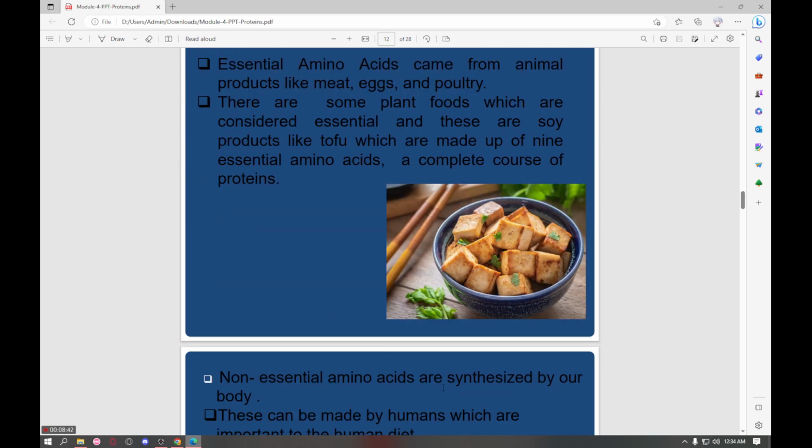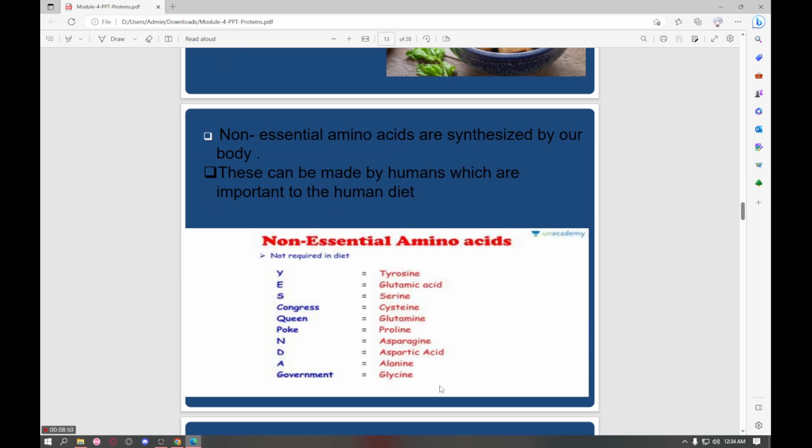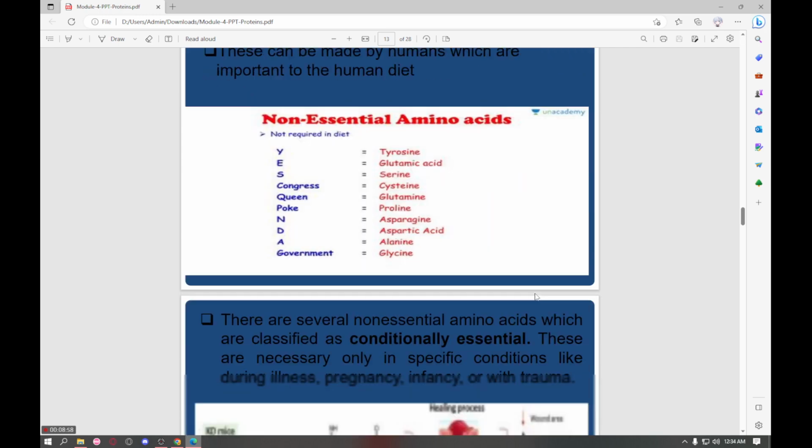So the non-essential amino acids are synthesized by our body. Like for example, during healing or during metabolism or during emergency cases, these non-essential amino acids are called conditionally essential.